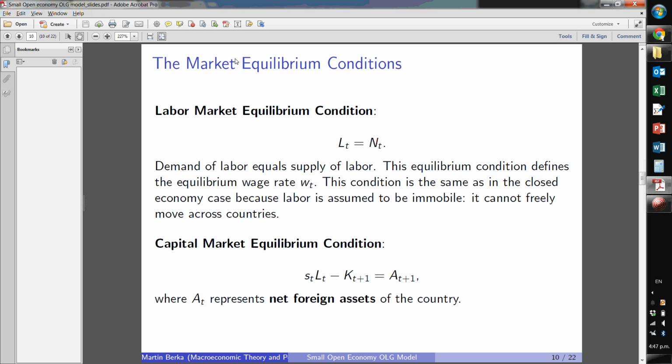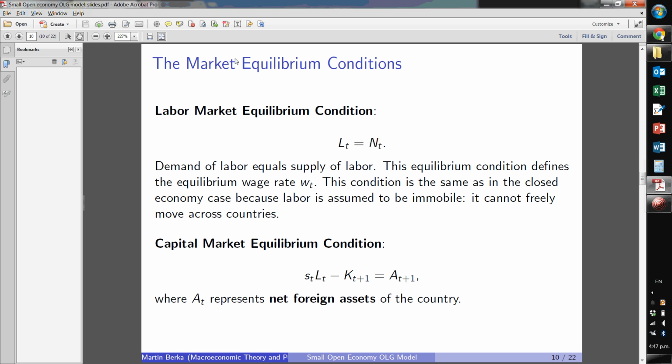The difference between the supply of capital, which is lowercase s, the savings rate, times the number of workers, minus the demand for capital, which is just the demand by the representative firm, capital K T plus 1, is equal to the net foreign assets.